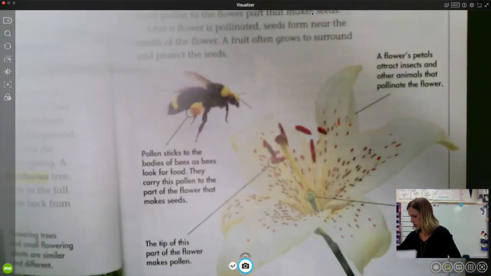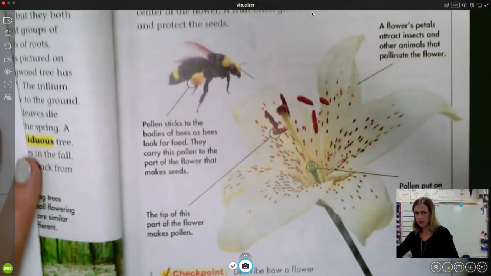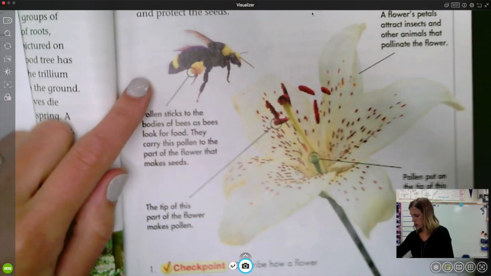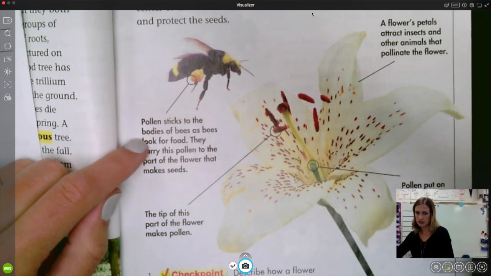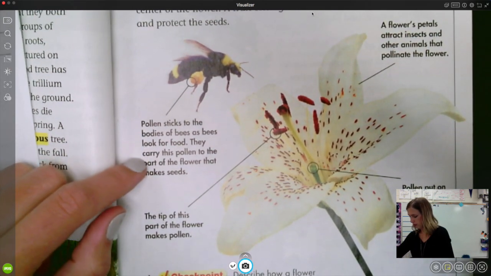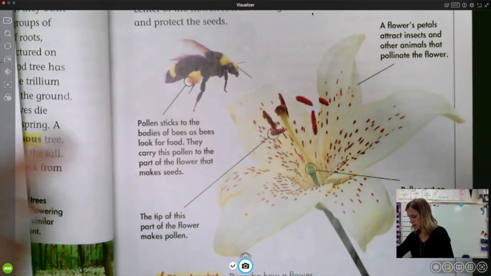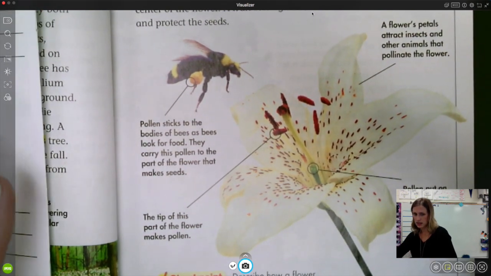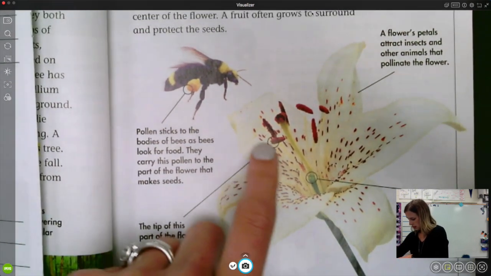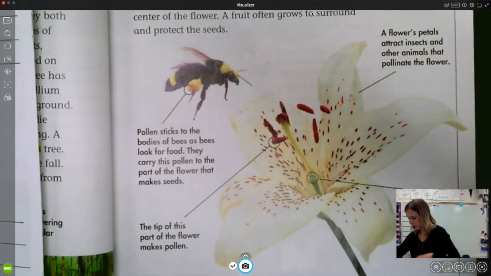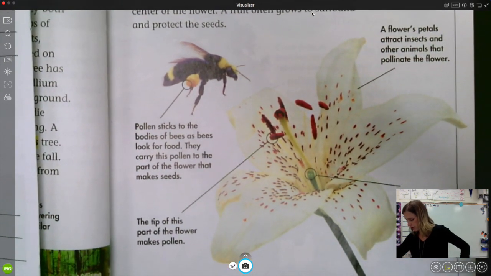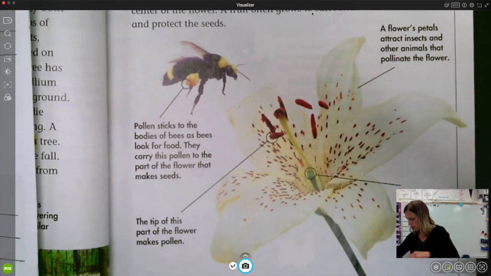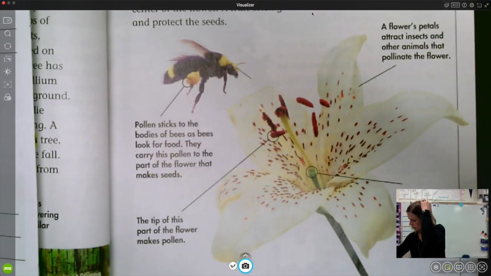Excellent. So if we look at our pictures here, this gives us an example. You have this bee here. So pollen sticks to the bodies of bees as bees look for their food. They carry this pollen to the part of the flower that makes seeds. You can see on this flower, it's that red tip of that part of the flower that makes the pollen. So the bee's going to get the pollen from there.